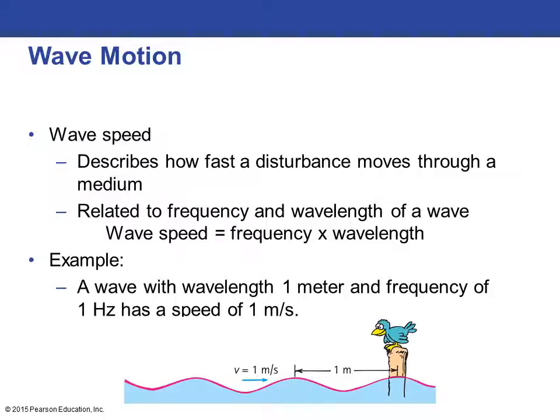So wave speed is equal to the frequency of the wave times the wavelength. So the longer your wave, the longer it's going to take to get from one place to another. But the quicker the frequency, or the more frequently the wave happens, the faster your wave speed will be. An example is a wave with a wavelength of 1 meter and a frequency of 1 hertz. Essentially, you're just doing 1 times 1, so it has a speed of 1 meter per second. And wave speed, we will typically measure in meters per second.